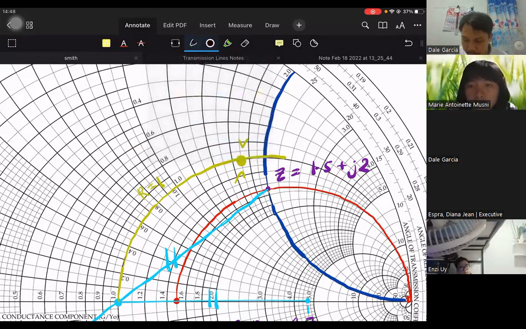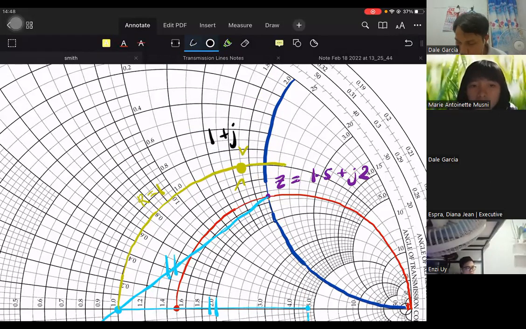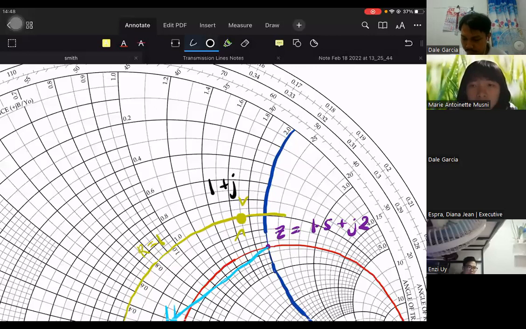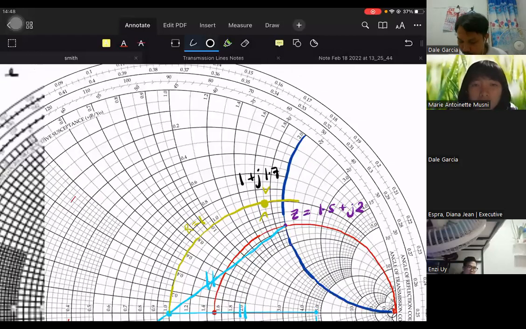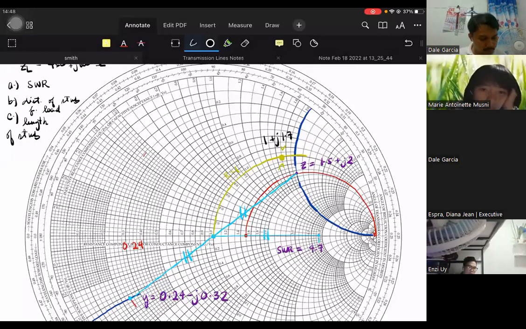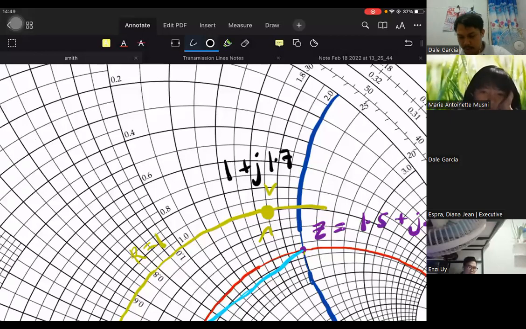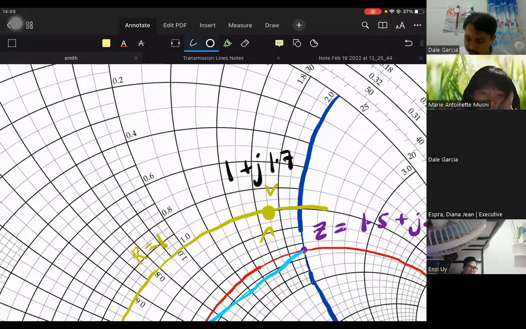And this is 1 plus j1.7. The distance from Y to this point is the matching stub distance.